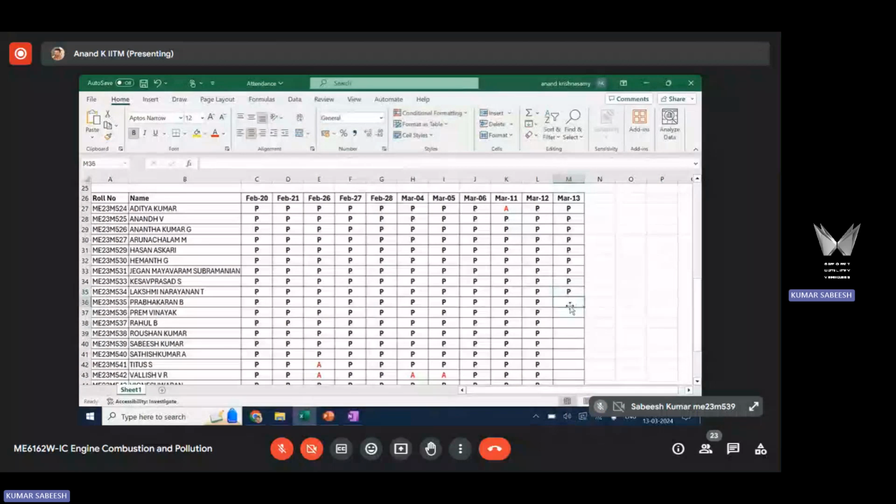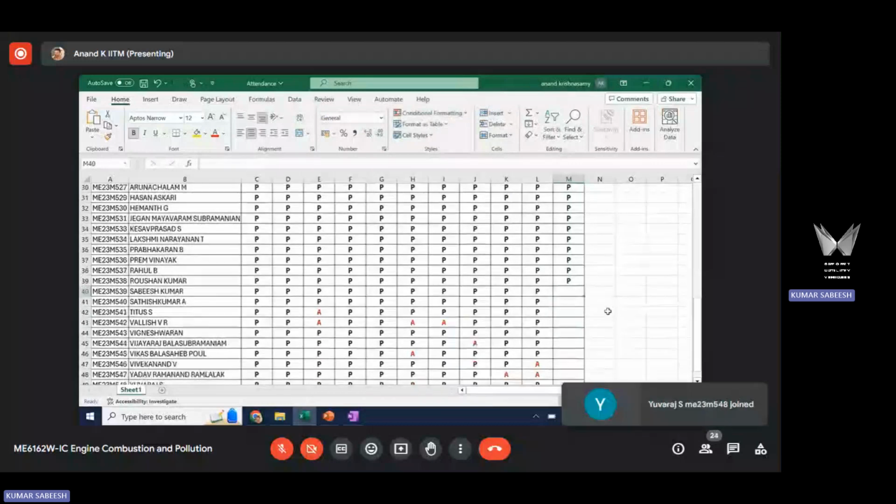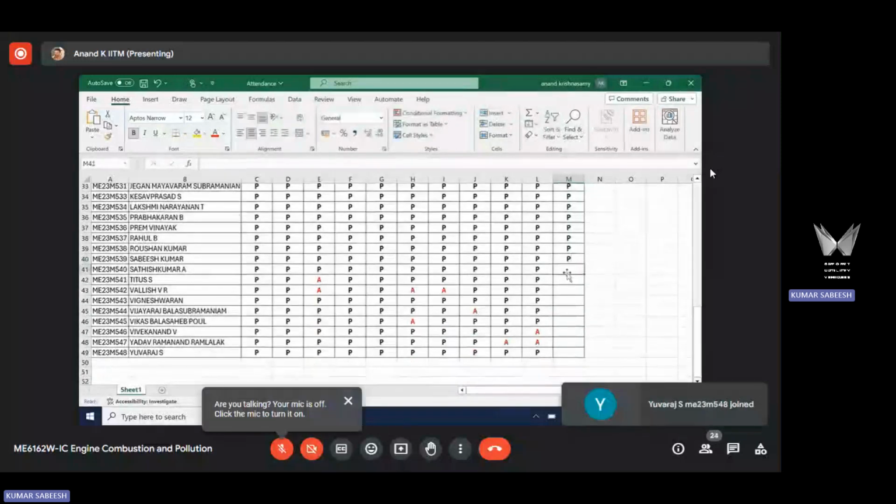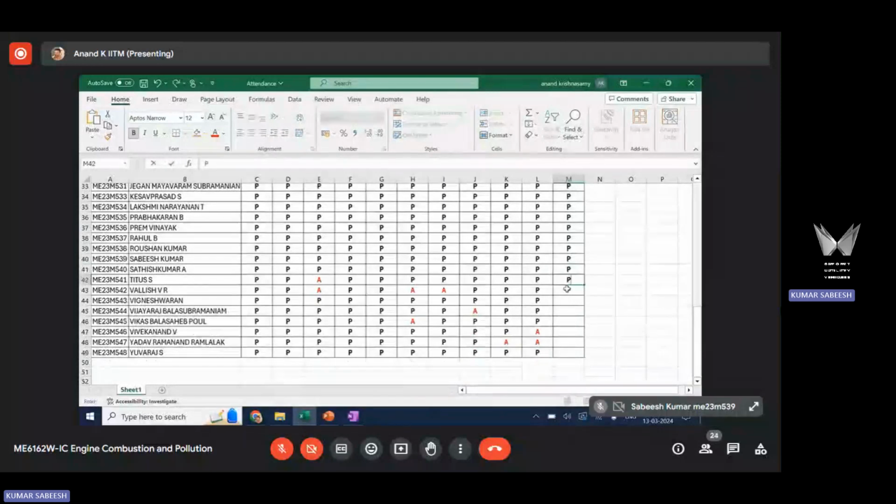Rahul, Yes, sir. Rajan Kumar, Yes, sir. Satish Kumar, Present, sir. Titus, Present, sir. Vigneshwaran, Present, sir. Vikash, Present, sir. Vivekanand, Present, sir. Yadav, Yuvraj, Present, sir. Okay, there is one absentee, Yadav, today.